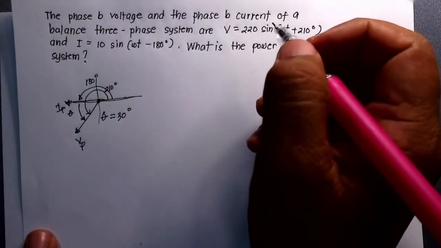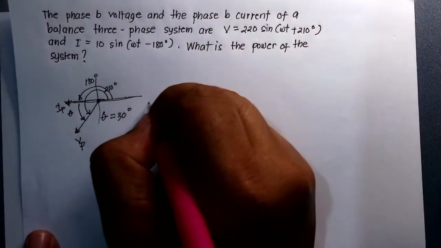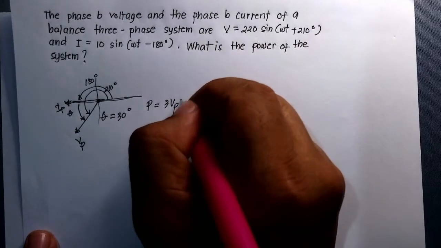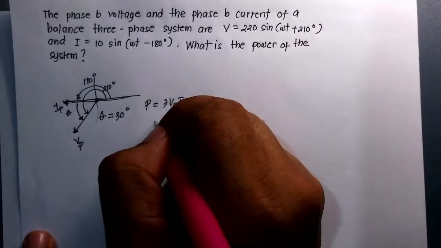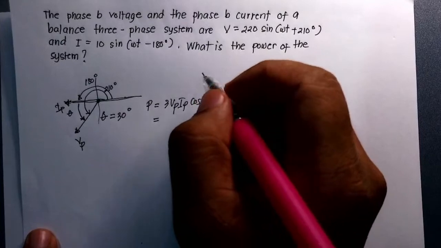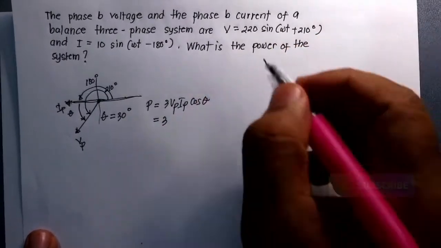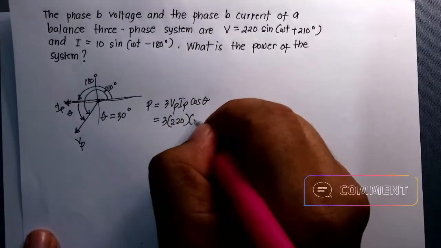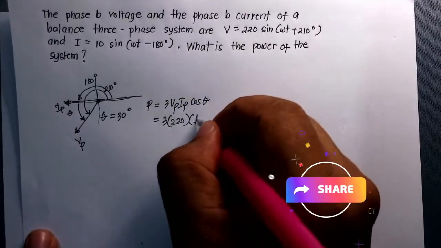And using now the formula, P is equal to 3 V phase times I phase cosine theta, which is our power factor, we simply substitute our values. So 3, V sub P is 220, and your I sub P is actually 10.